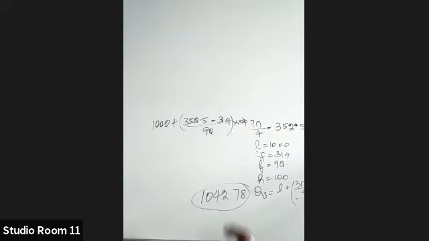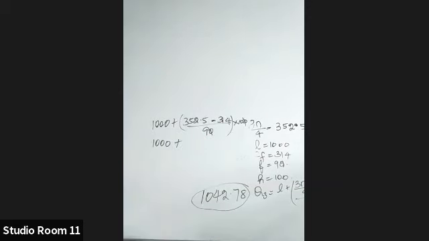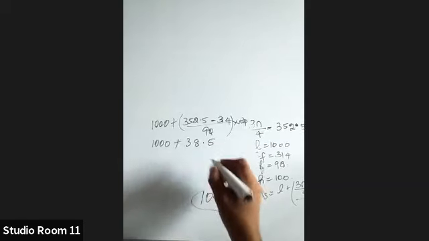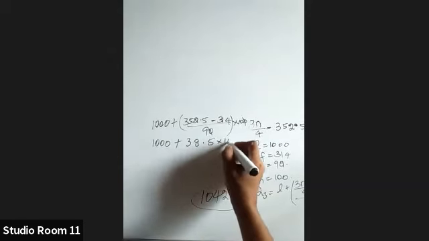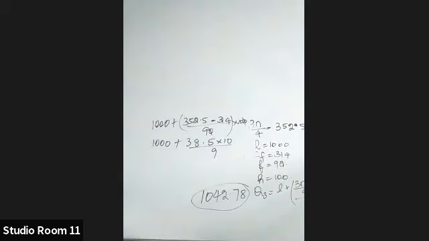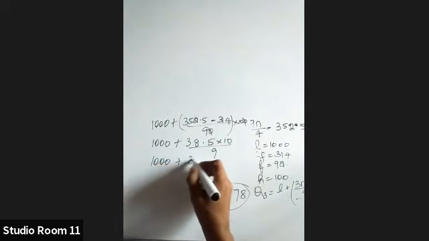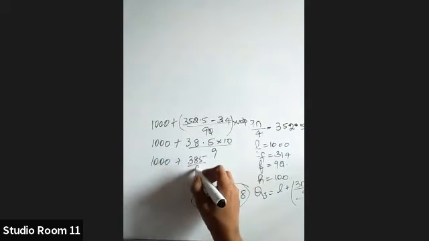What is 352.5 minus 340? 1000 plus 38.5. 38.5 into 10 by 9, isn't it? So 385 by 9. So 1000 plus 385 by 9.